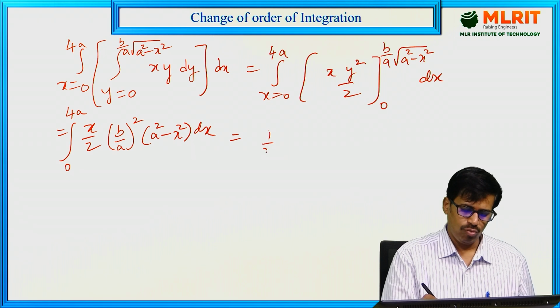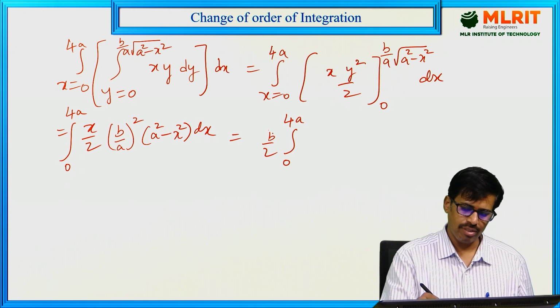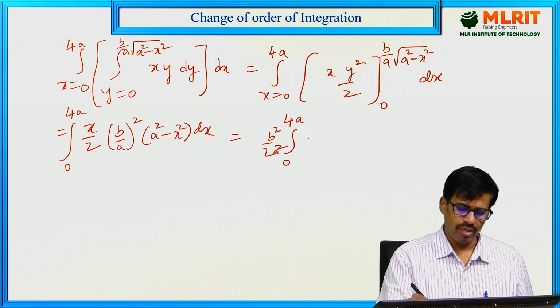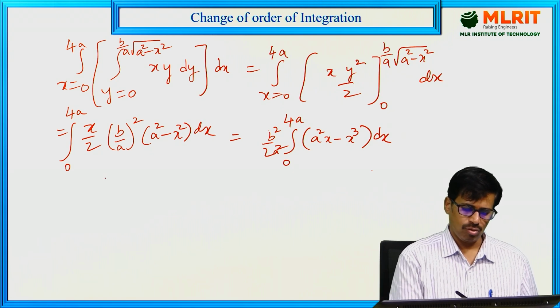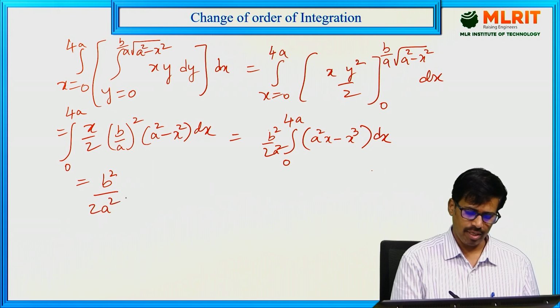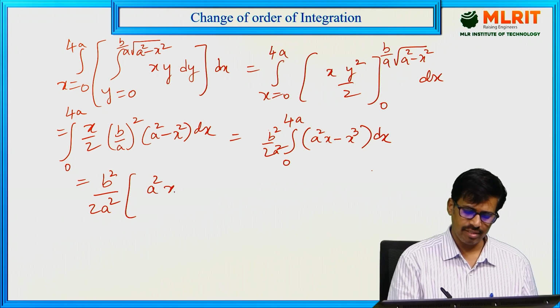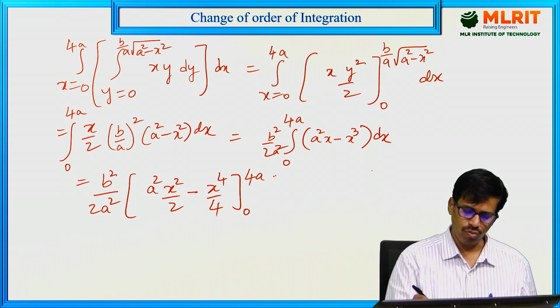So 1 by 2 written outside, the integral 0 to a of b square by 2a square, integration of x into a square is a square x minus x into x square is x cube, dx. This equals b square by 2a square into a square times the integration of x dx, which is x square by 2, minus the integration of x cube, which is x power 4 by 4, with limits 0 to a.